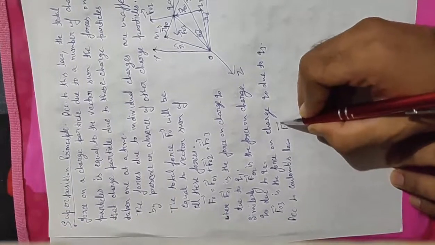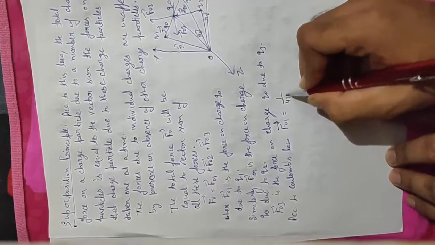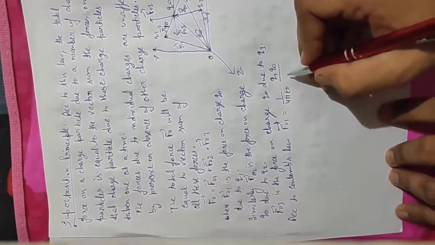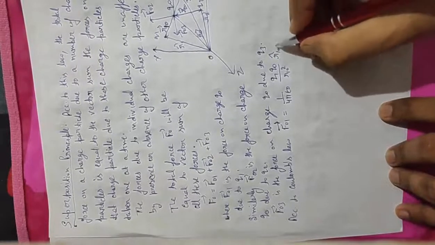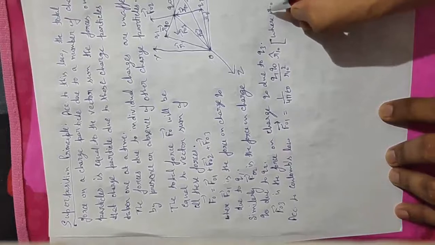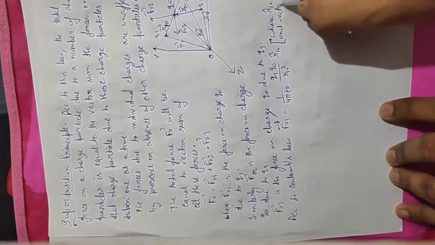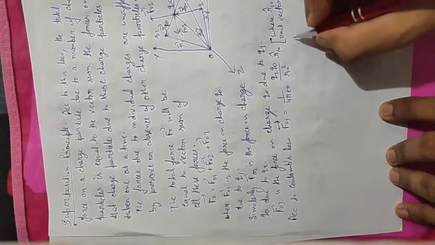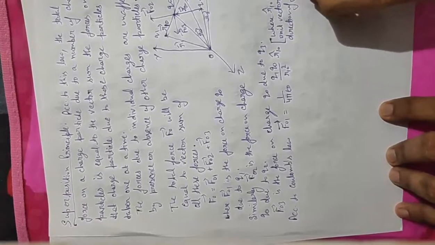F naught 1 is equal to 1 by 4 pi epsilon naught Q1 Q naught divided by R1 naught squared R1 naught cap, where R1 naught cap is the unit vector giving the direction of force.